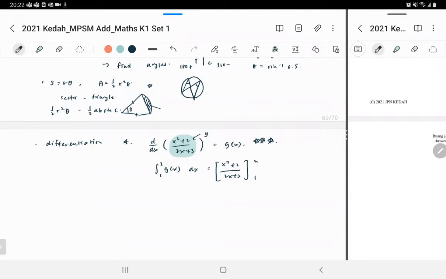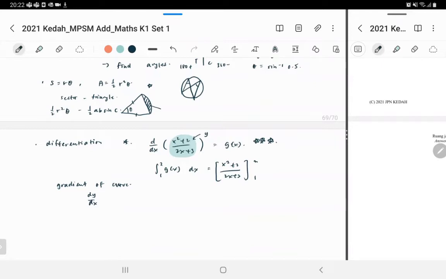Okay, this one is differentiation, and also quite popular this year is the gradient function. The gradient of a curve, which is dy/dx. It might give you a curve with the equation of the curve, and you will need to find the gradient of the curve, which is the dy/dx.